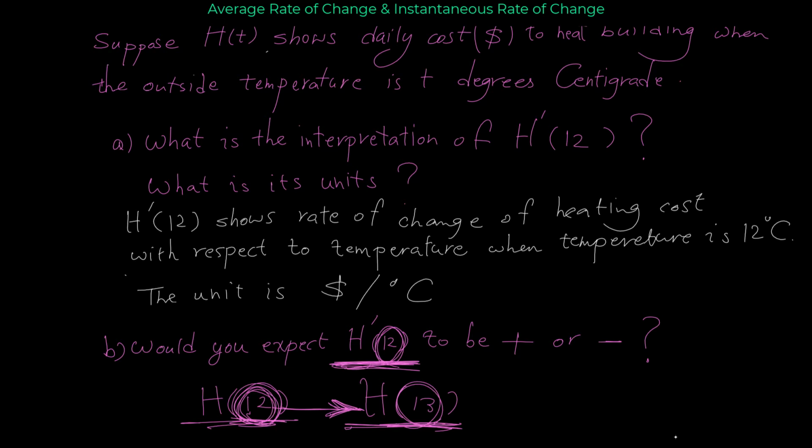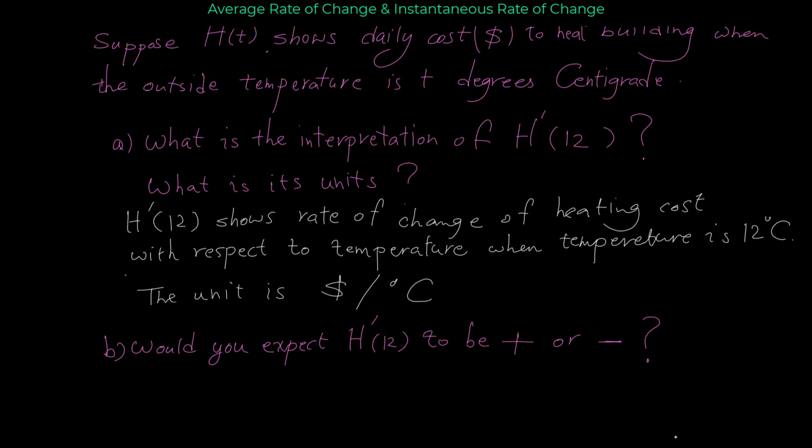If the temperature already is 12 and we want to know what happens if a little change in temperature happens, because increase in the temperature causes h to decrease, the cost we pay to decrease, so we expect the h prime of 12 to be negative. So we can write our reasoning in this way.